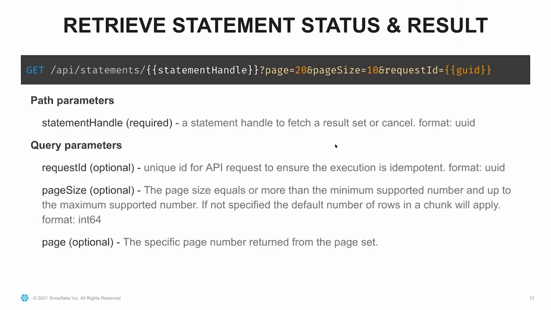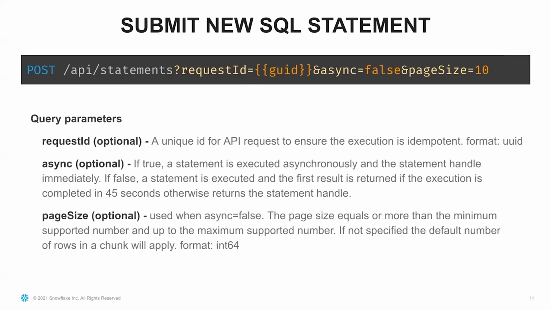When we look at submitting a new statement in Snowflake, it's a POST request that really has 3 query parameters. One is the request ID. What's important about this is that if you have a requirement that you do not submit that SQL statement twice, right?